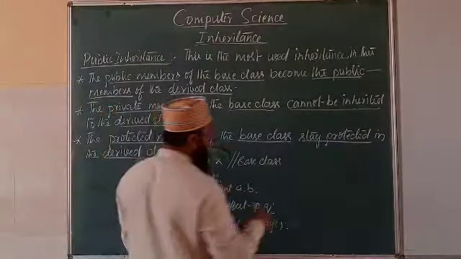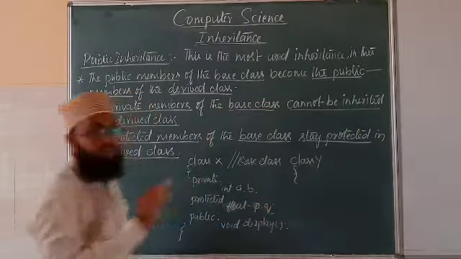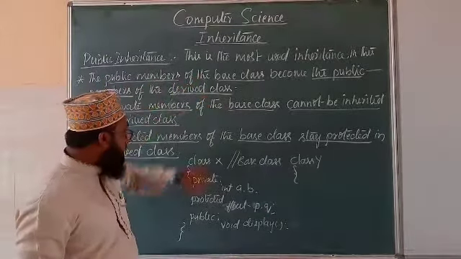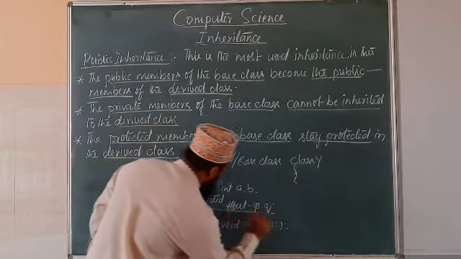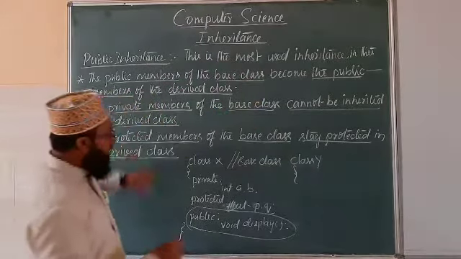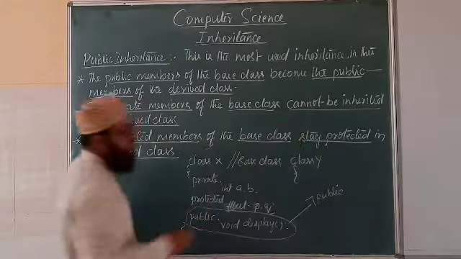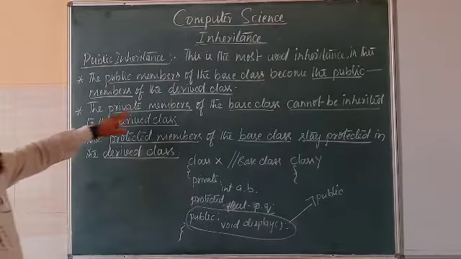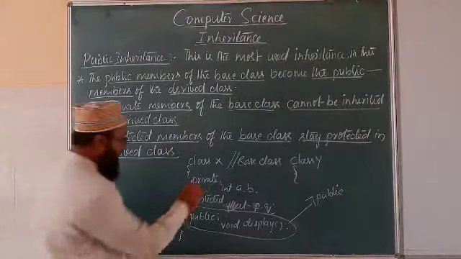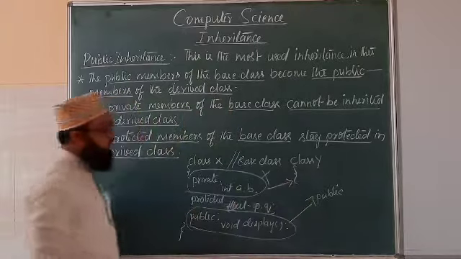And take one derived class, that is class Y. Here, what will happen for public inheritance? The public members of the base class become the public members of the derived class. The private members of the base class cannot be inherited to the derived class.